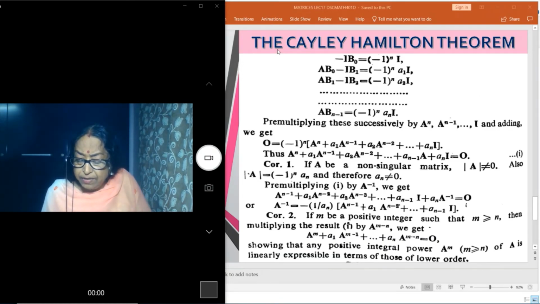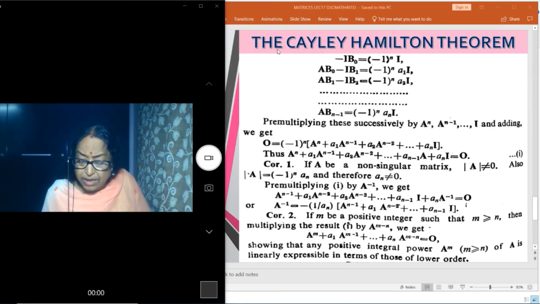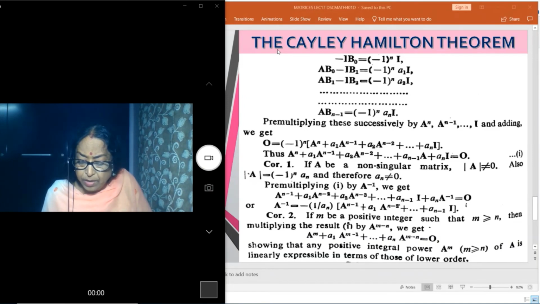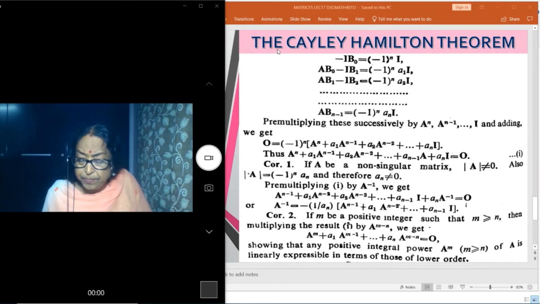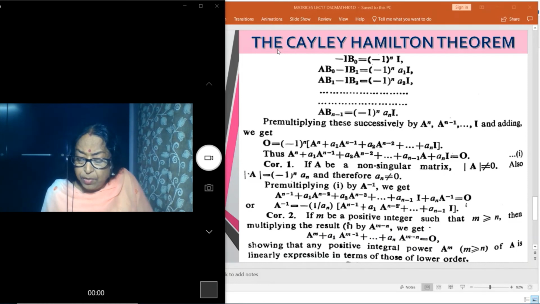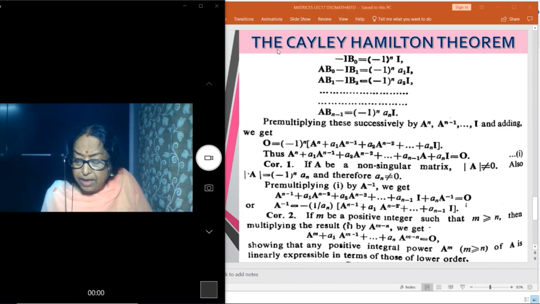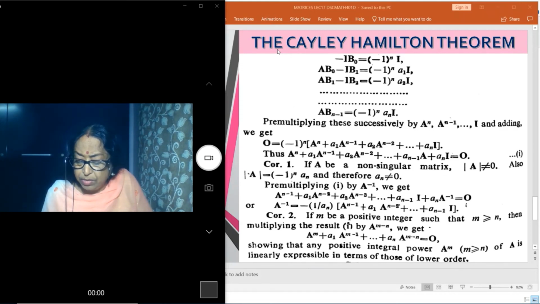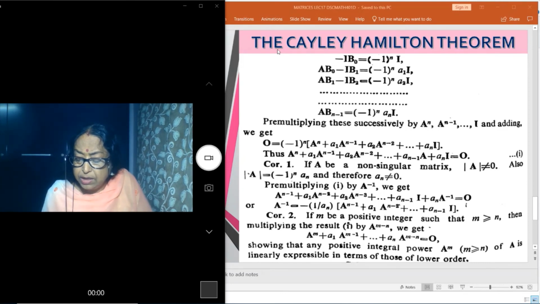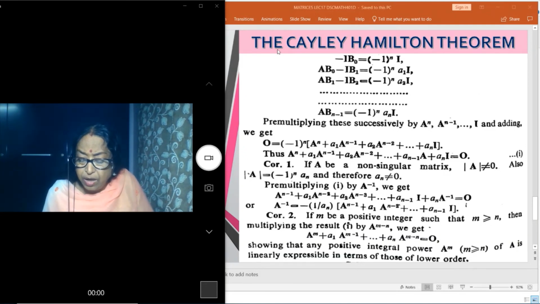So on the left hand side we get I into B0, and on the right hand side the coefficient of lambda^n is (minus 1)^n into I. Similarly, comparing the coefficient of lambda^(n-1) on both sides, on the left we get A into B0, and on the right hand side we get (minus 1)^n a1 into I.